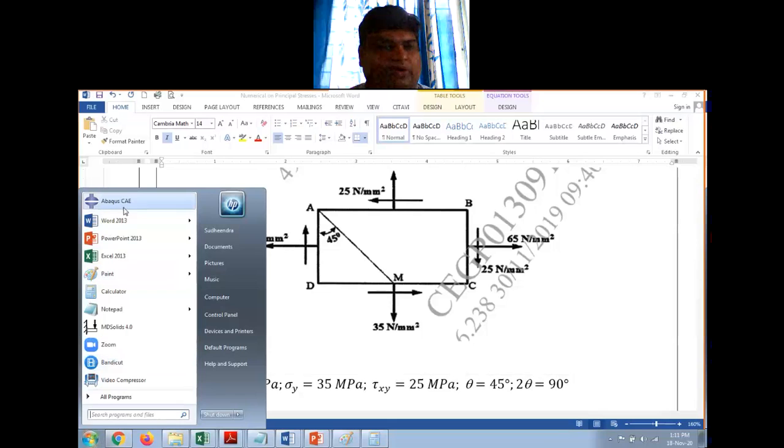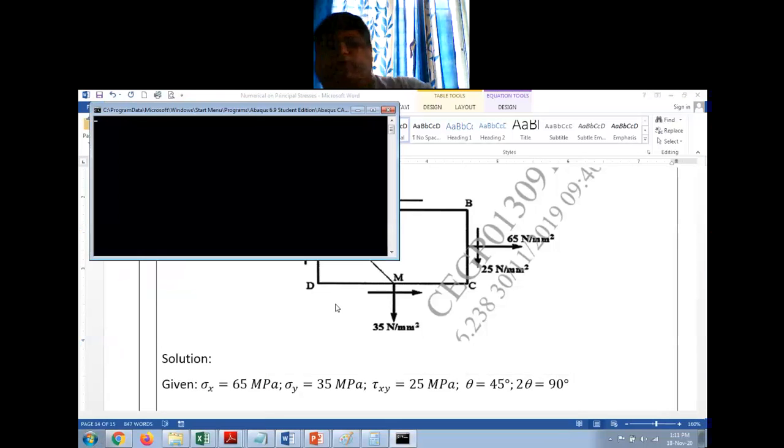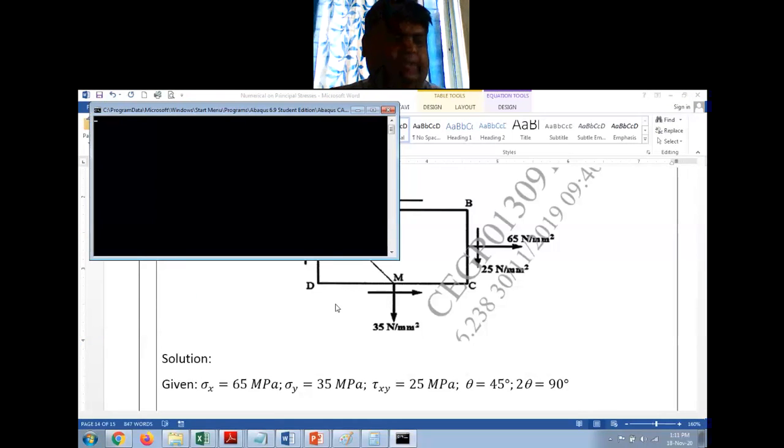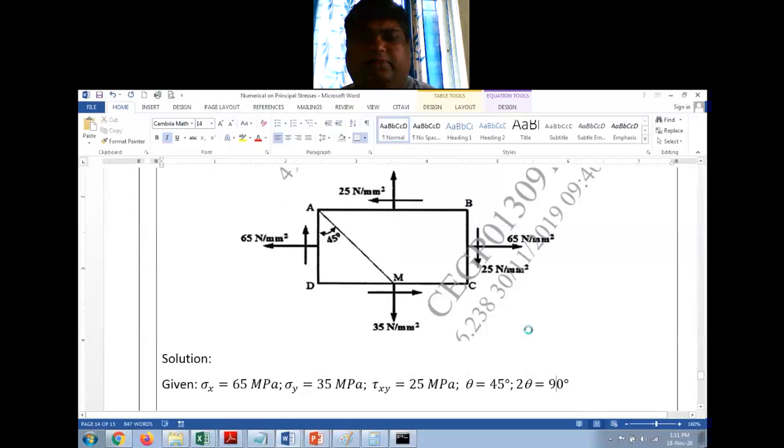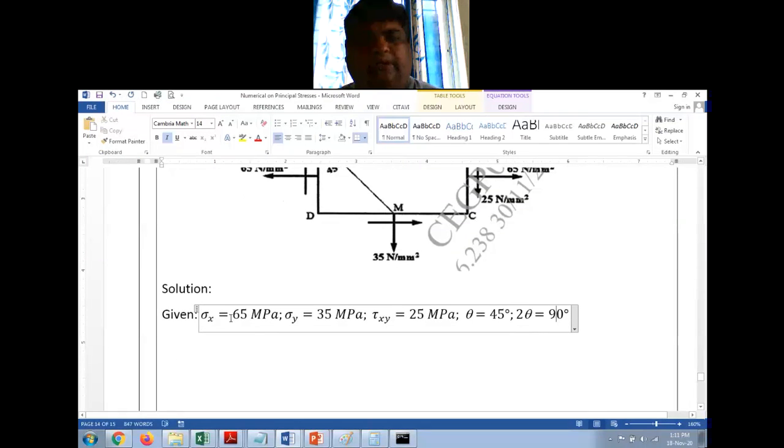Now I will start the scale diagram also for drawing. I hope all of you are having the graph paper and the drawing instruments with you for drawing the Mohr circle diagram. Now, if you see here, this is 65 and 35. They are very small, right? So the maximum length in your Mohr circle will be 65 megapascal.